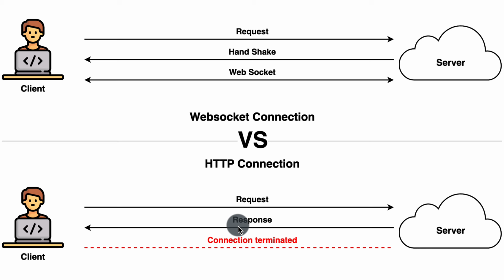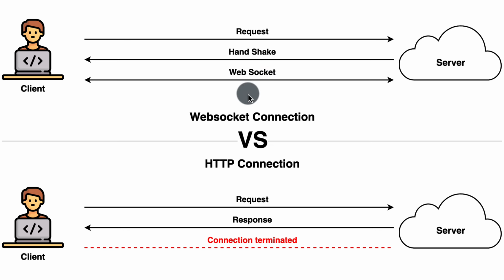The server cannot initiate a request to the client, and then the communication terminates. But WebSockets, on the other hand, provide full duplex communication. Once a WebSocket connection is established, it remains open and both the client and server can exchange data in both directions at any time until the connection is closed.